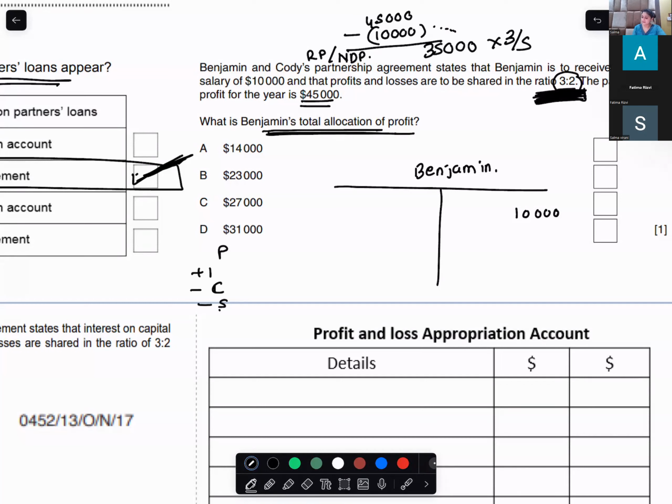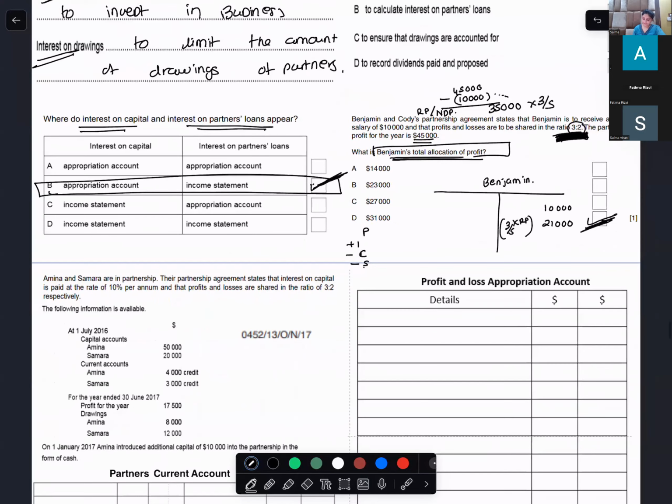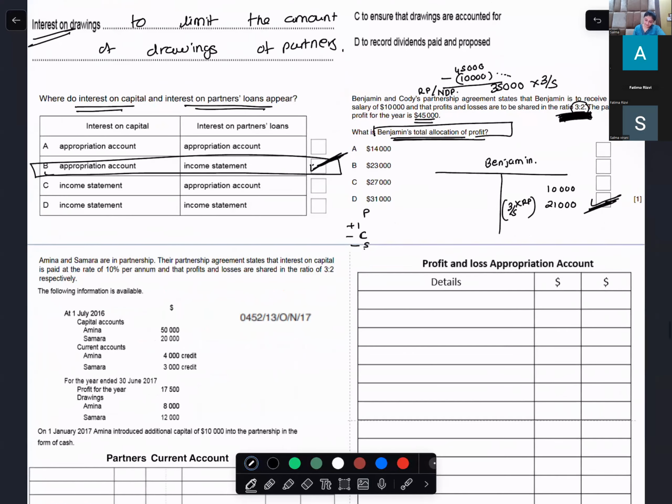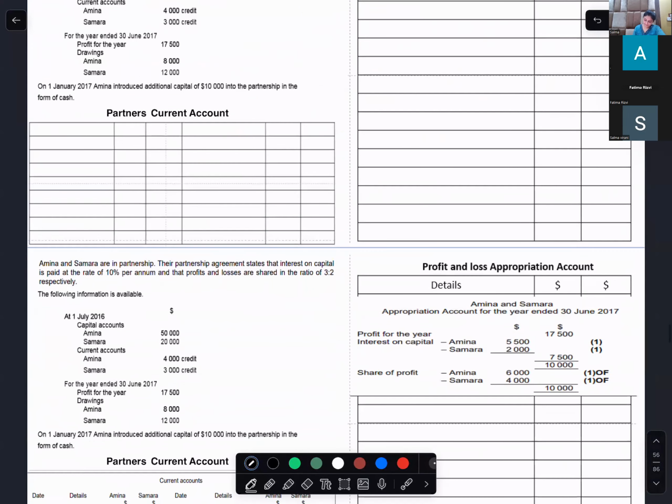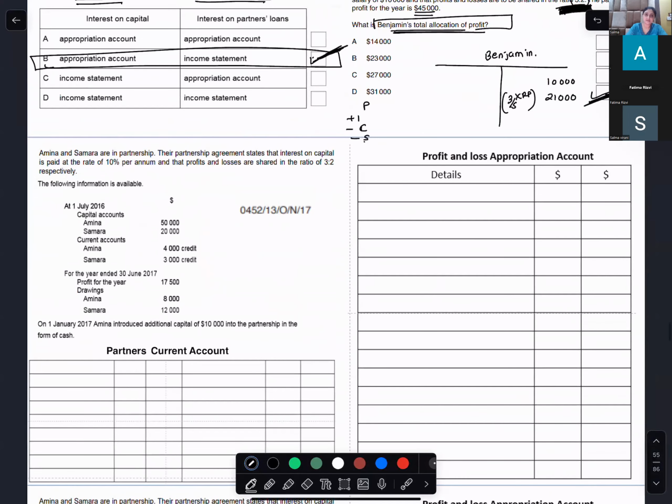So 3/5 of 35,000 is how much? 21,000. So what is Benjamin's allocation of profit? Benjamin's allocation of profit is 31,000. Are you with me?